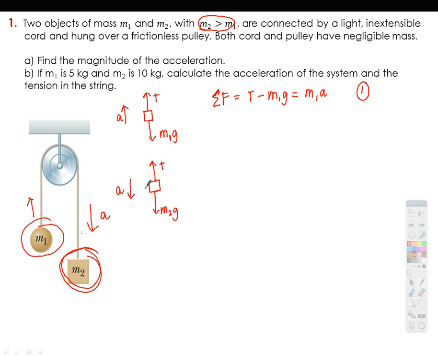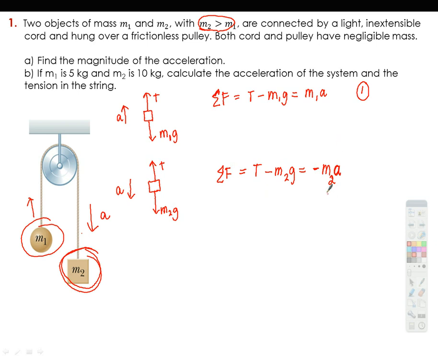If our acceleration is going down, let us calculate our net force, which is equivalent to m2a, because there is an acceleration. So going up will be positive T, going down will be negative M2G, and since the acceleration is going downward, I will put it as a negative M2a, because acceleration is negative.